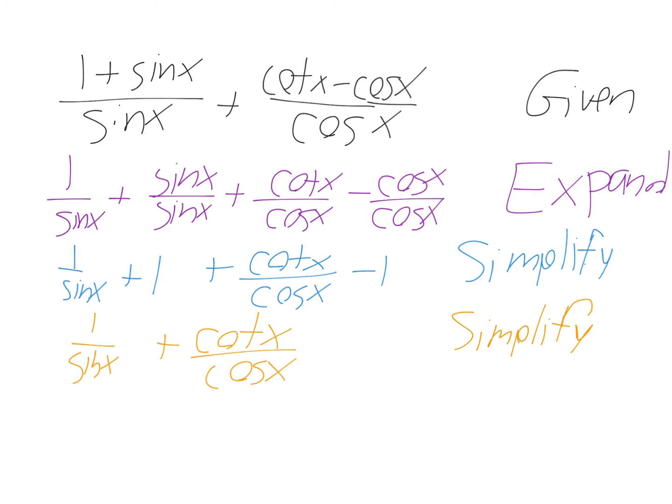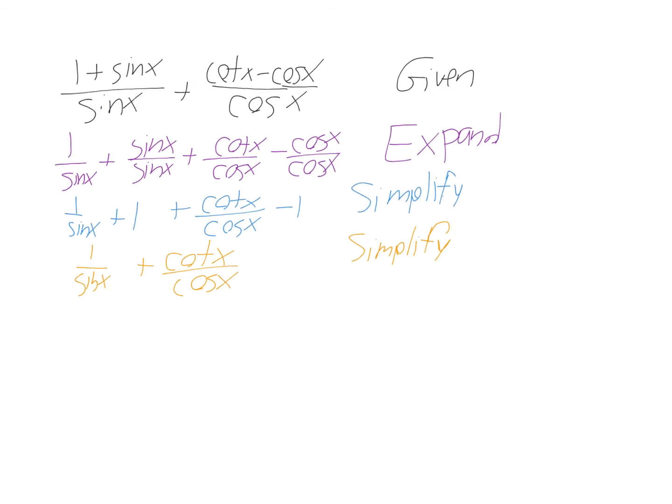Again, simplifying. Well, 1 over sine x, I know that to be a reciprocal identity. 1 over sine x is the same as cosecant x. So cosecant of x plus cotangent of x divided by the cosine of x.